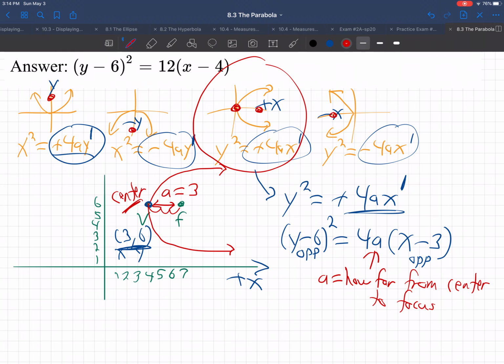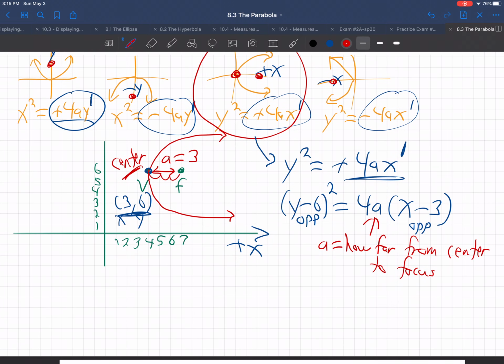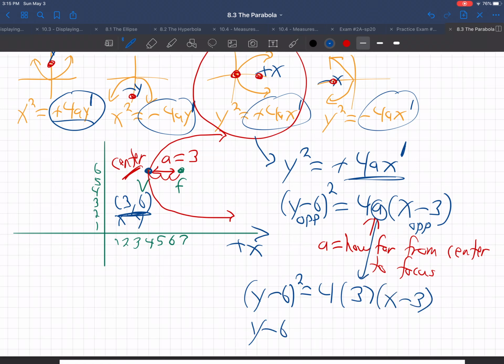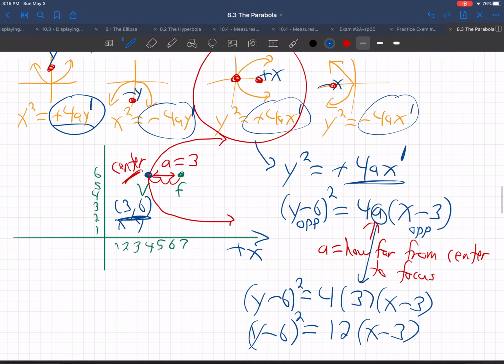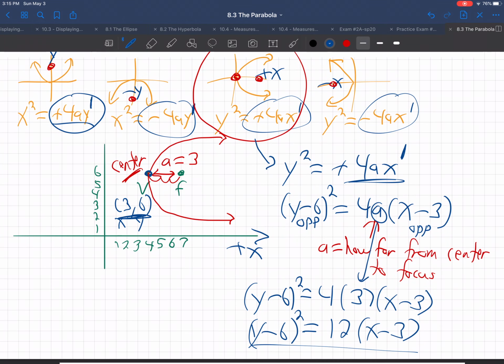So we're going to plug in a is 3 there. So we've got y minus 6 squared is 4 times 3, that a is 3, times x minus 3. So y minus 6 squared is 12 times x minus 3. And that's our equation. And there we go.